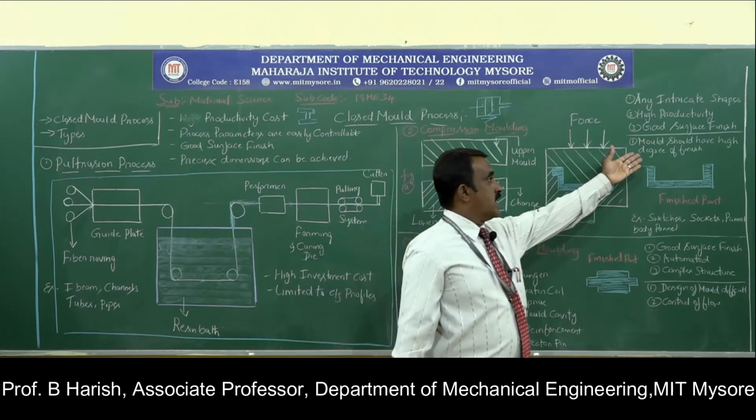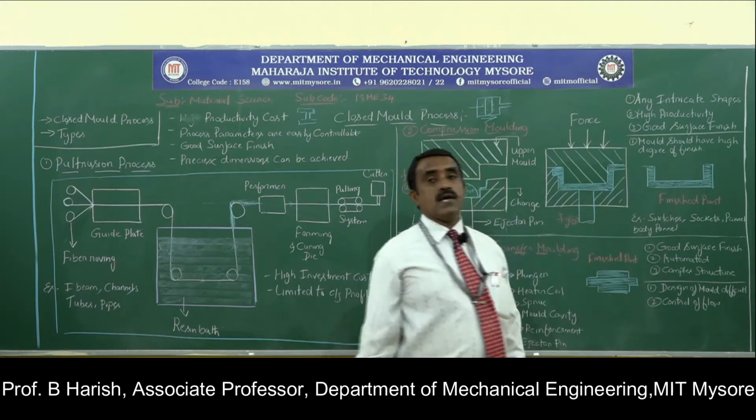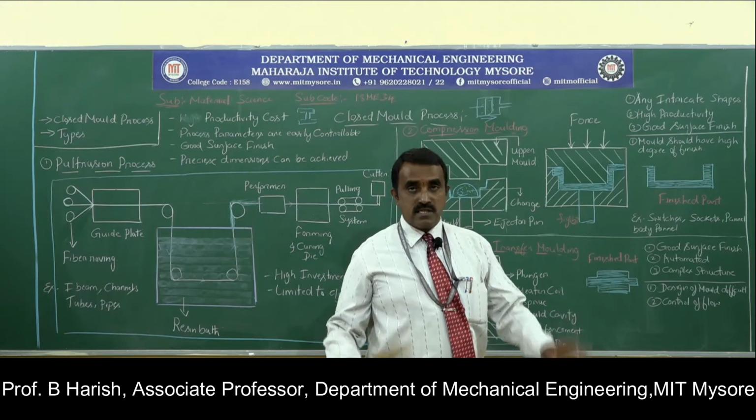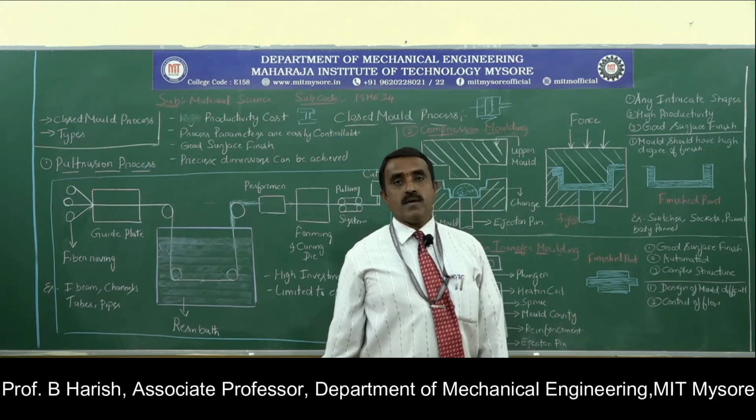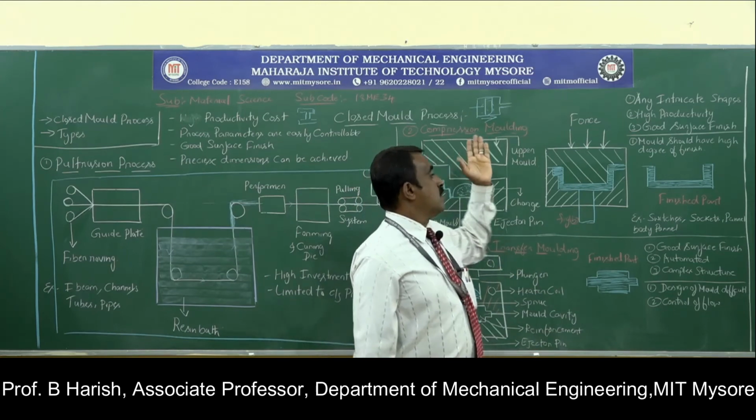That's why it is listed as a disadvantage, that the mold should have a high degree of finish. Finishing that mold is a very important task in this process called compression molding.